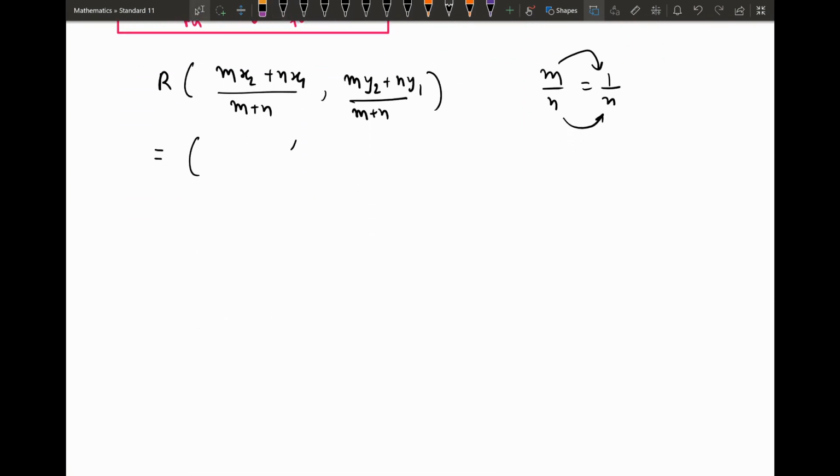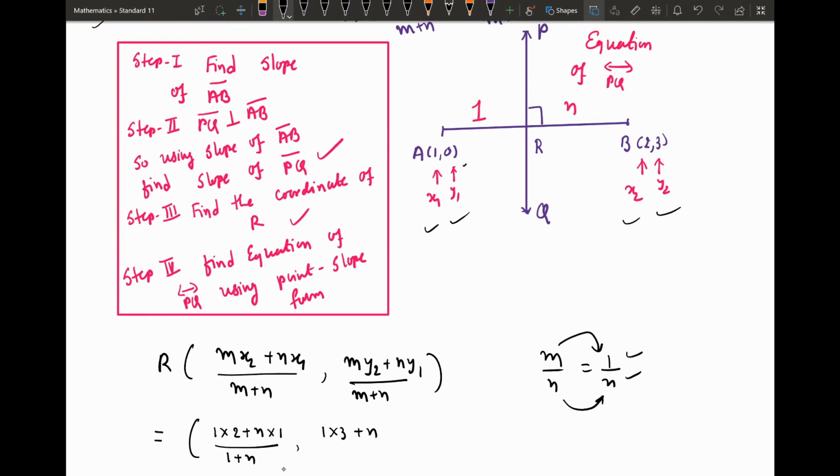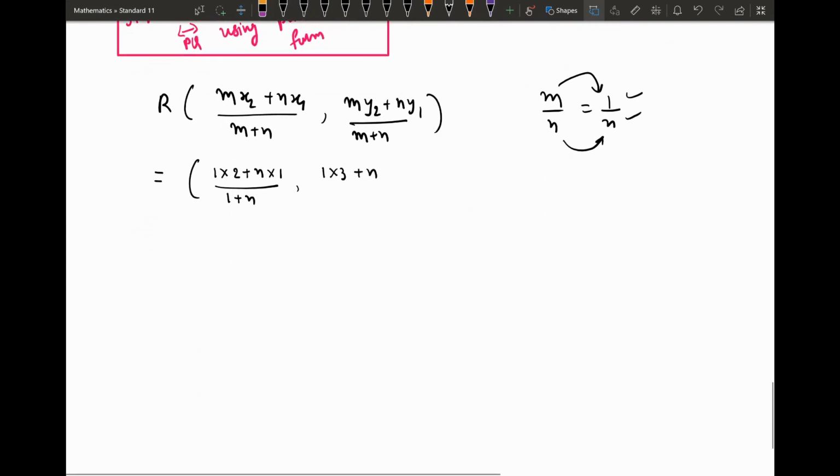So according to mx2 + nx1, 1 into 2 plus n into 1, upon m plus n, 1 plus n, comma, 1 into 3 plus n into y1, y1 is 0, so n into 0, upon m plus n, 1 plus n.